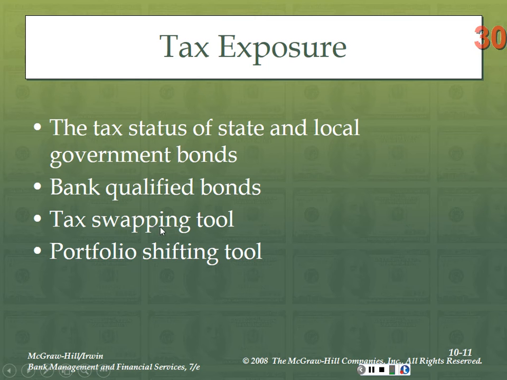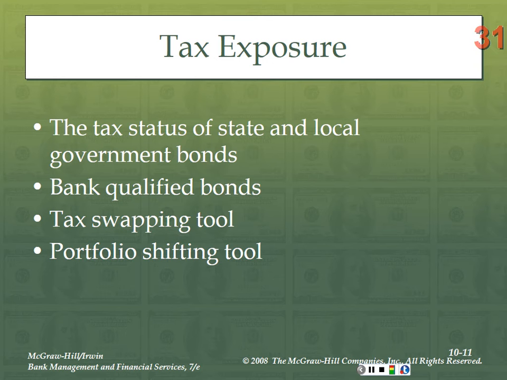Some of the more sophisticated banks may get into tax swapping. That's something that most small banks, most community banks don't participate in. And also portfolio shifting. These last two are typically the larger regional and national banks are dealing with these. But that's what we mean when we're talking about tax exposure.